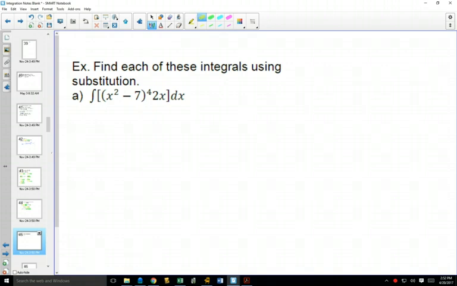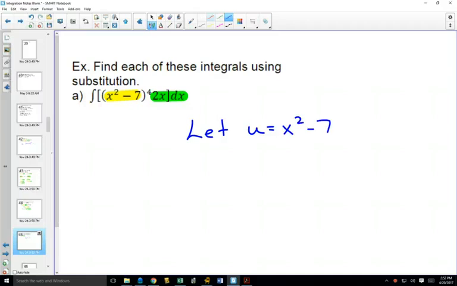So here we've already highlighted this one. We knew that this was the inside function. We recognized that we had the derivative there with 2x. How do we set this up? We always set it up by saying let u equal the inside function, x squared minus 7.